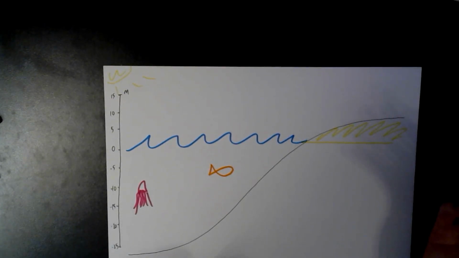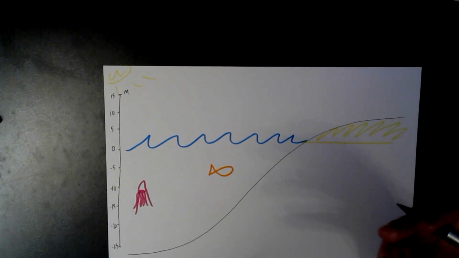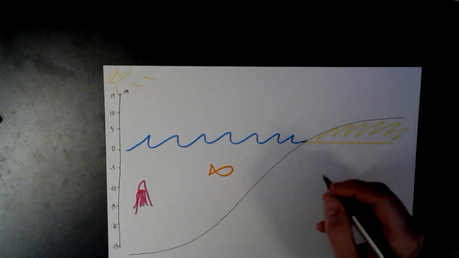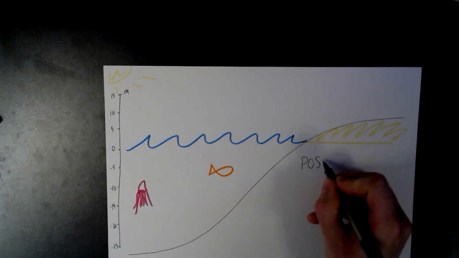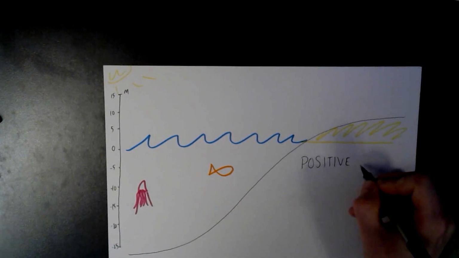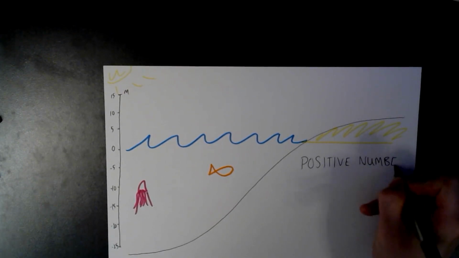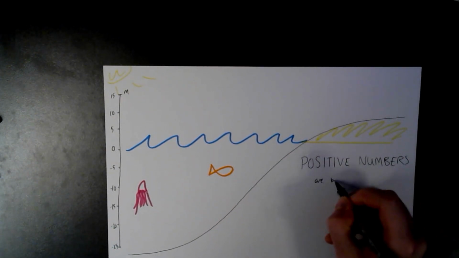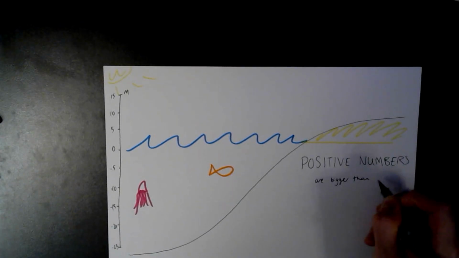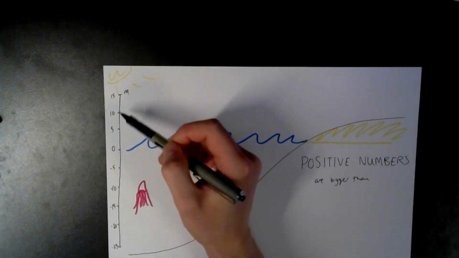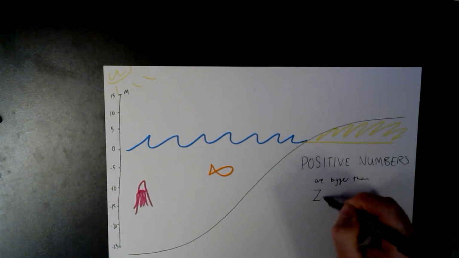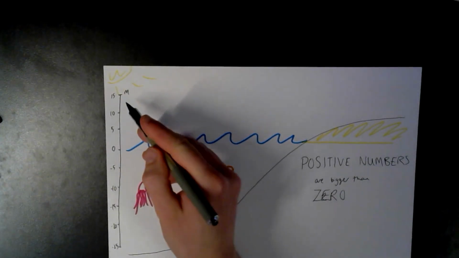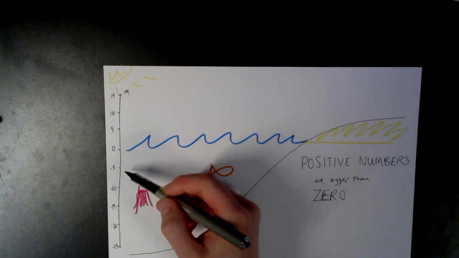And so to compare positive numbers, negative numbers, and 0, we can say that positive numbers are bigger than 0 because the positive numbers all lie above 0. And we can also say that 0 and the positive numbers are bigger than the negative numbers.